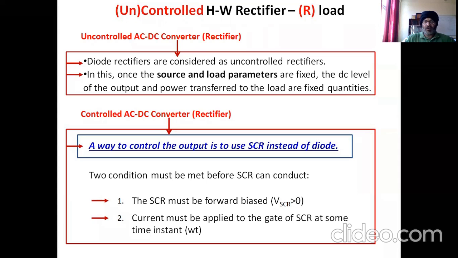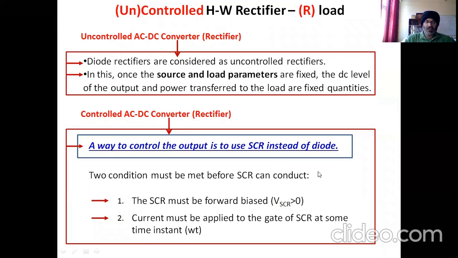The thyristor, or SCR, is one of them. We can also use MOSFETs, BJTs, and so on as controllable switches for a controllable rectifier. As far as this course is concerned, we will be discussing thyristor-based rectifiers.